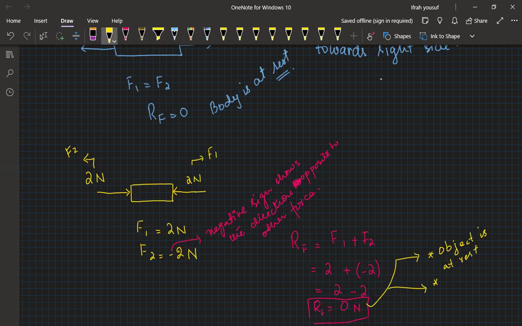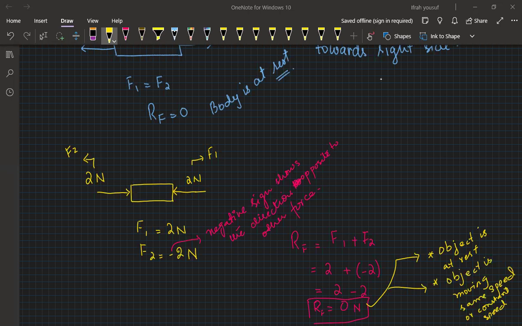If the resultant force is 0, the object is moving with the same speed or constant speed.